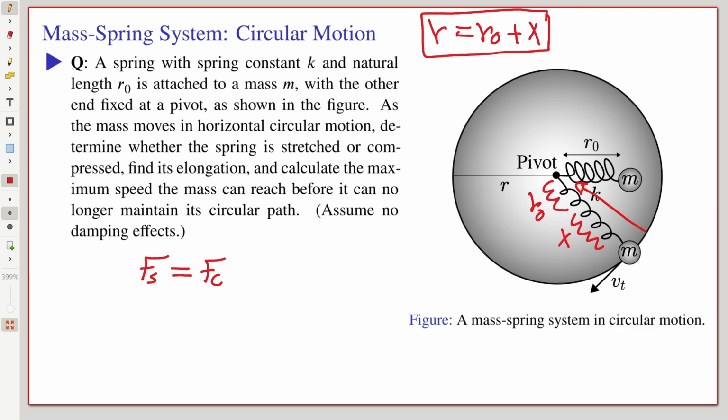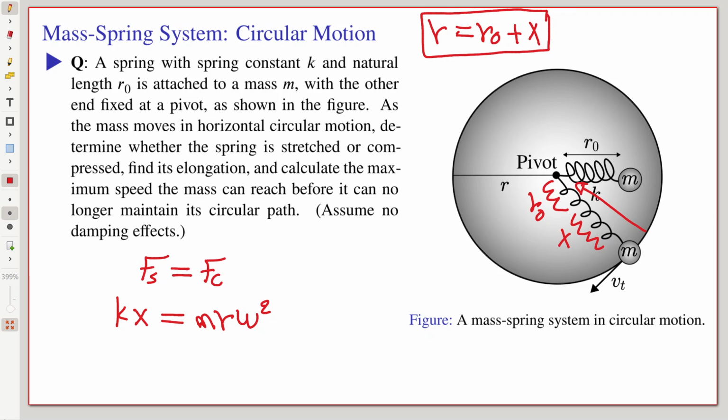Now, if you remember that Fs is actually Kx, and Fc is m r omega squared, where m is the mass of the object attached to it, omega is the rotational speed of the system, and r is the full length of the spring at that instant.